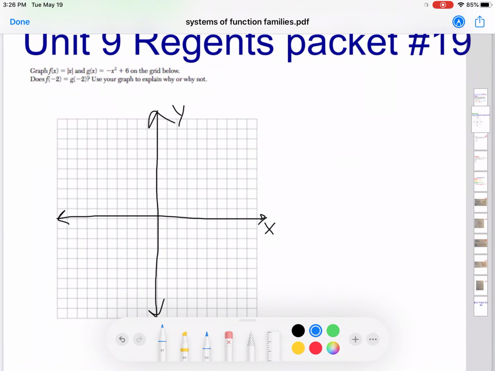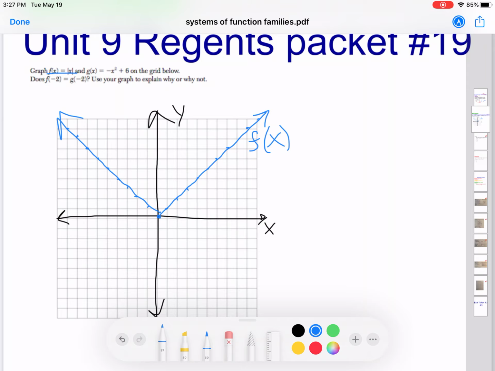So let's go ahead and graph our function f of x. Okay, we'll go ahead and connect our points here. Again, the graph of an absolute value function is always a V shape, so we'll try to make these nice and straight. And then let's label this so we know which graph this was. This was f of x.